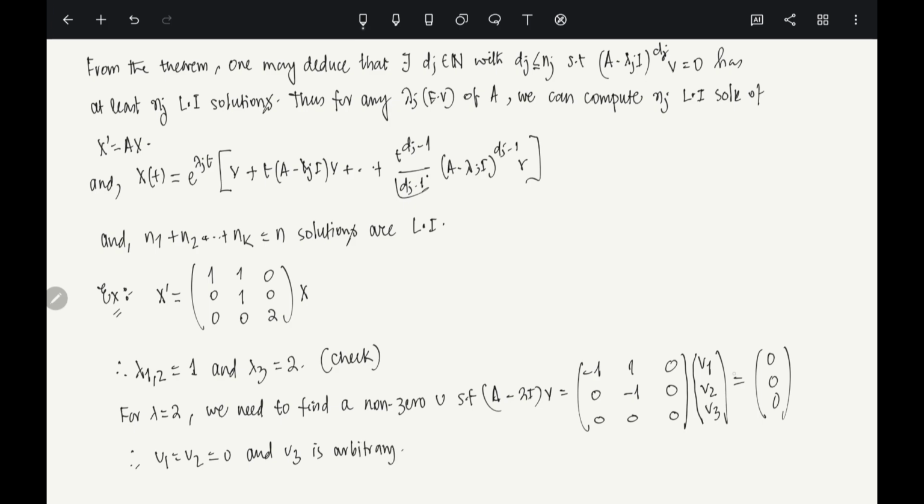Minus v1 equals 0 from the first equation, so v1 is 0, and then v2 is 0 from the second equation. So v1 and v2 are 0. Clear? So what is the one solution you are going to get? Let's call this x3 of t. It will be e to the power 2t times the corresponding vector, which we choose as (0, 0, 1).